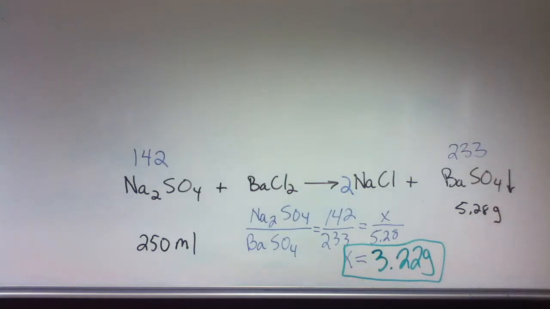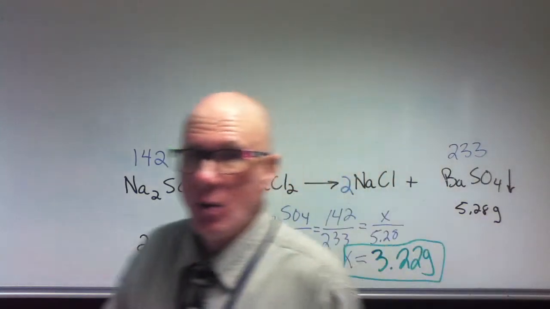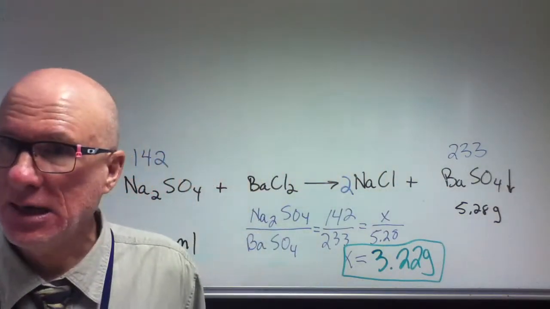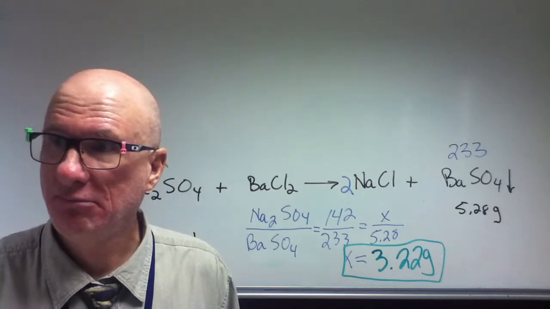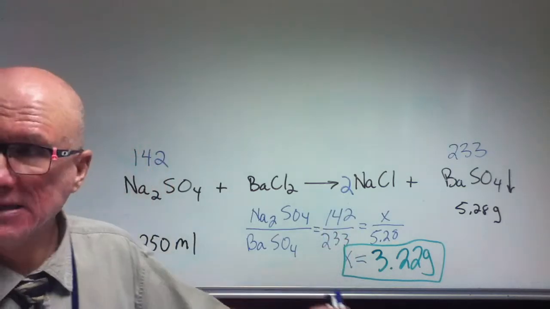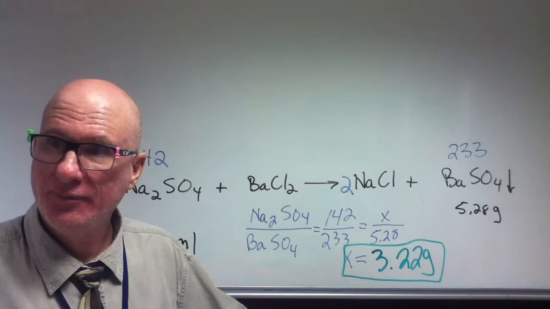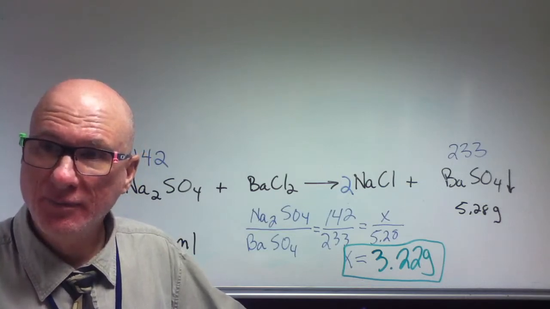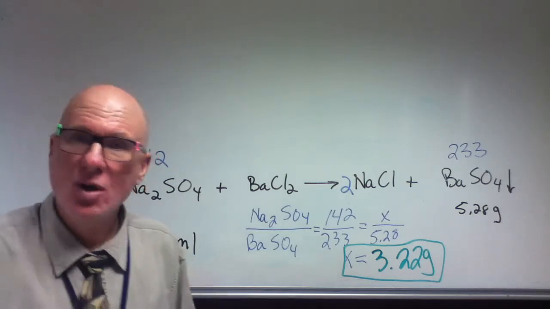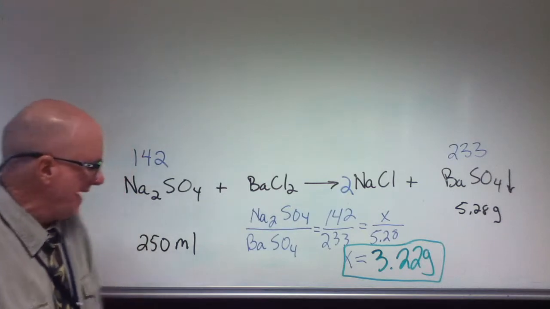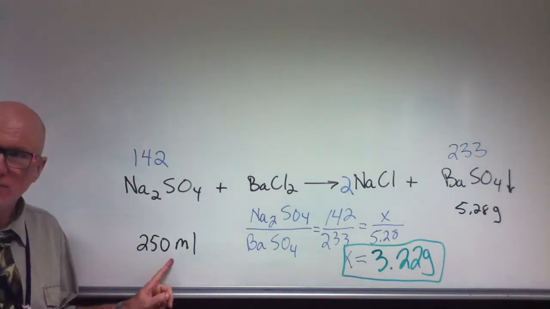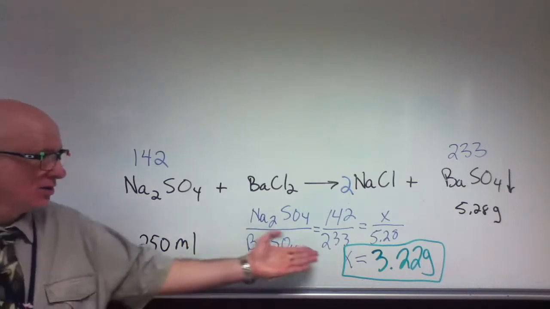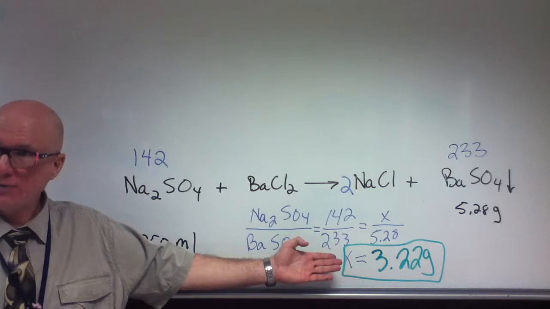Now, this is the deal. What mass of sodium sulfate am I going to need? In other words, what mass of sodium sulfate is in 250 milliliters? 3.22 grams, right?